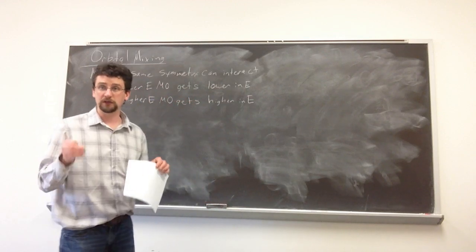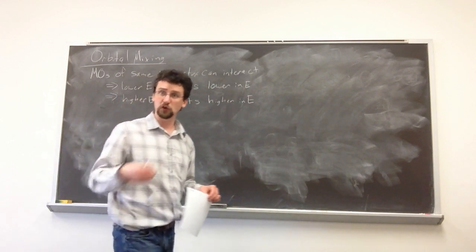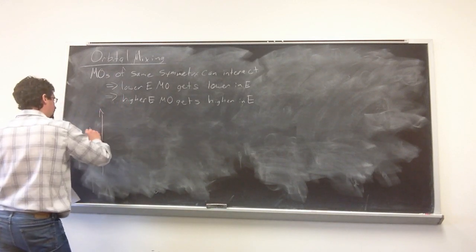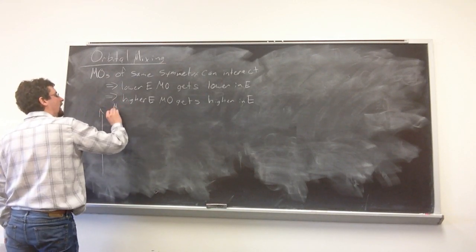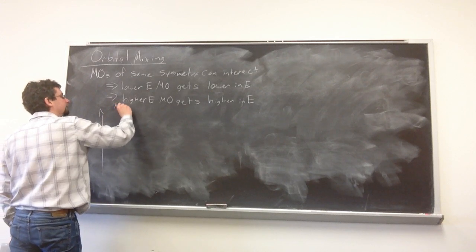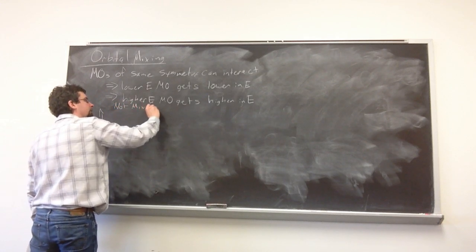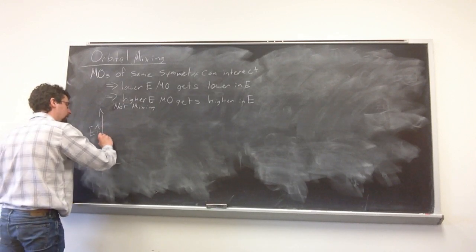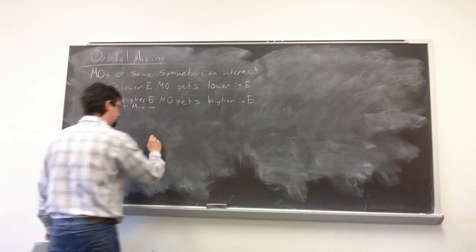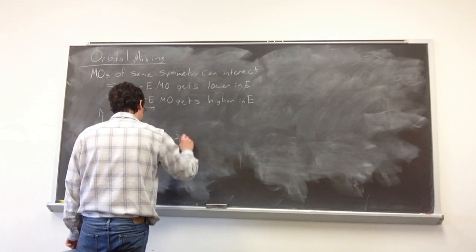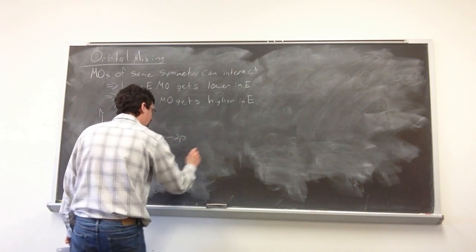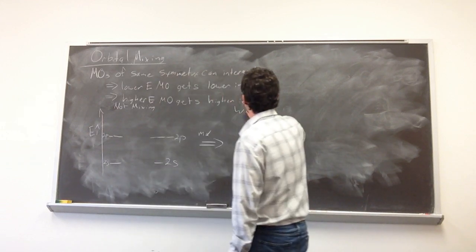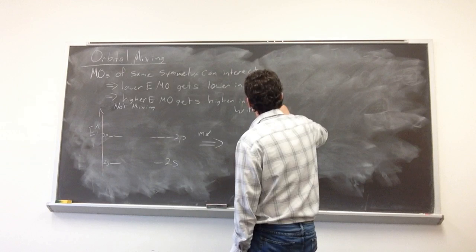We're going to look at it where we don't allow the MOs to mix and where we do allow the MOs to mix. So in this case, this is not mixing. So we got that 2s, that 2p. Then we allow them to mix, and this will be with mixing.